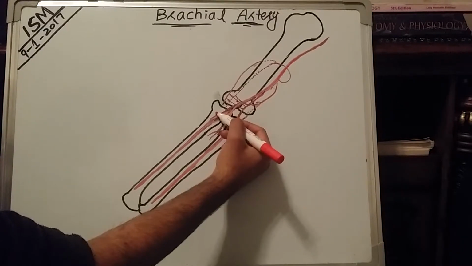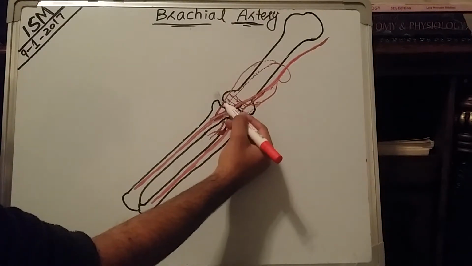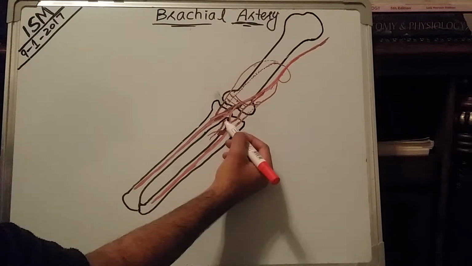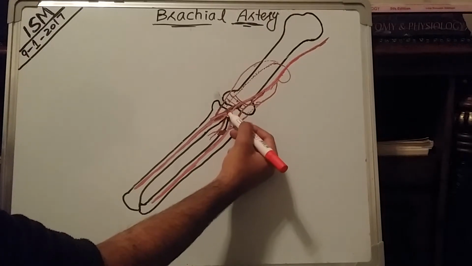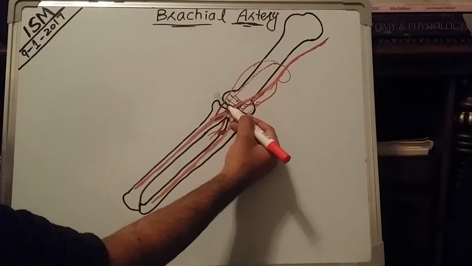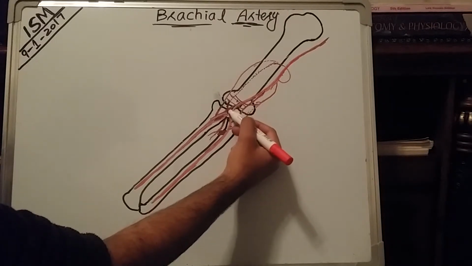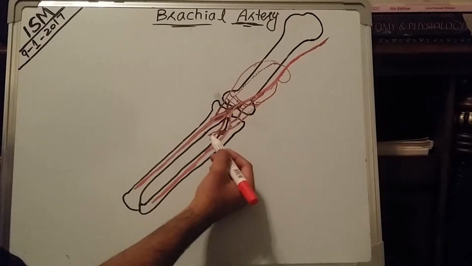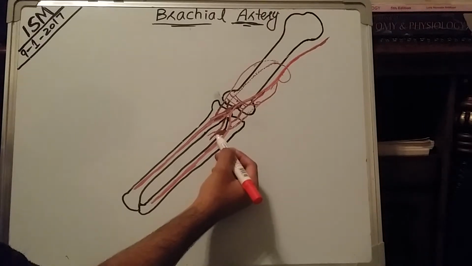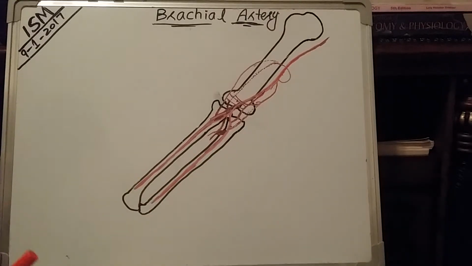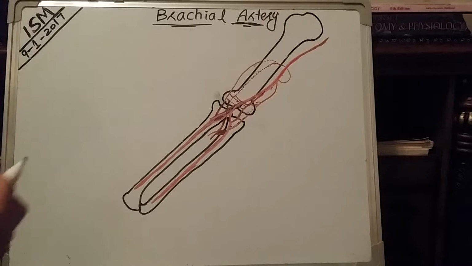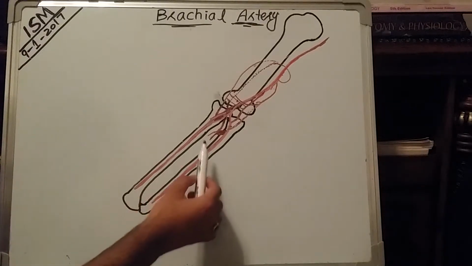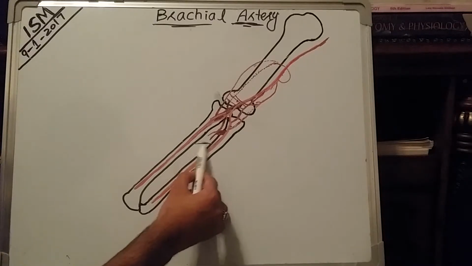Another artery originates here, and the artery which goes upward and downward forms an anastomosis with the medial artery. And as we know, between the bones, the radius and the ulna, there is a membrane which we call the interosseous membrane.